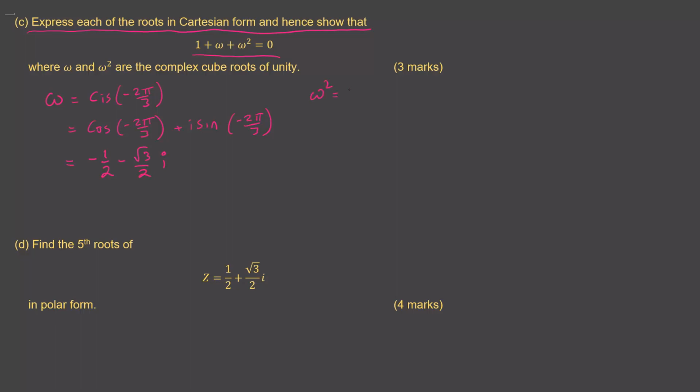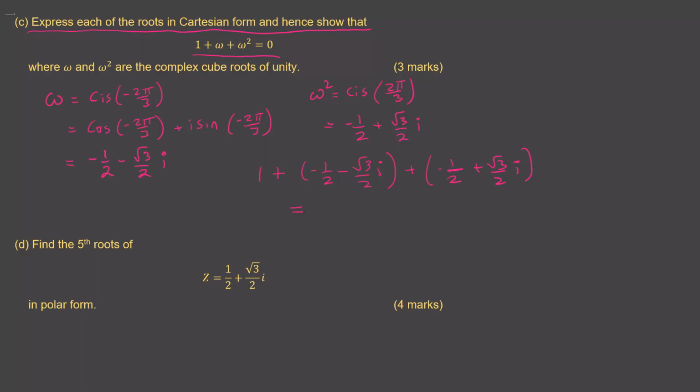Now our omega squared is cis 2 pi by 3, and by exactly the same method you'd find that's negative a half plus root 3 on 2 i. And of course 1 is just 1. And so we have 1 plus negative a half take root 3 on 2 i plus negative a half plus root 3 on 2 i.